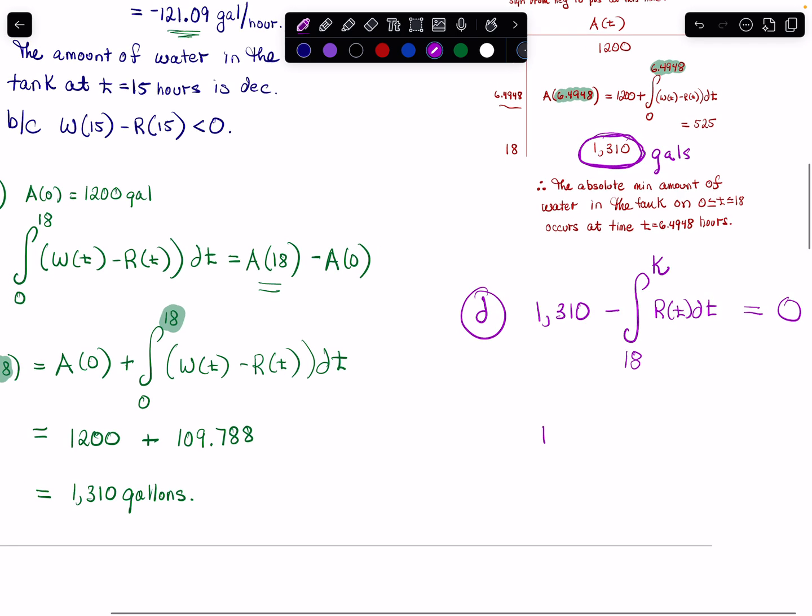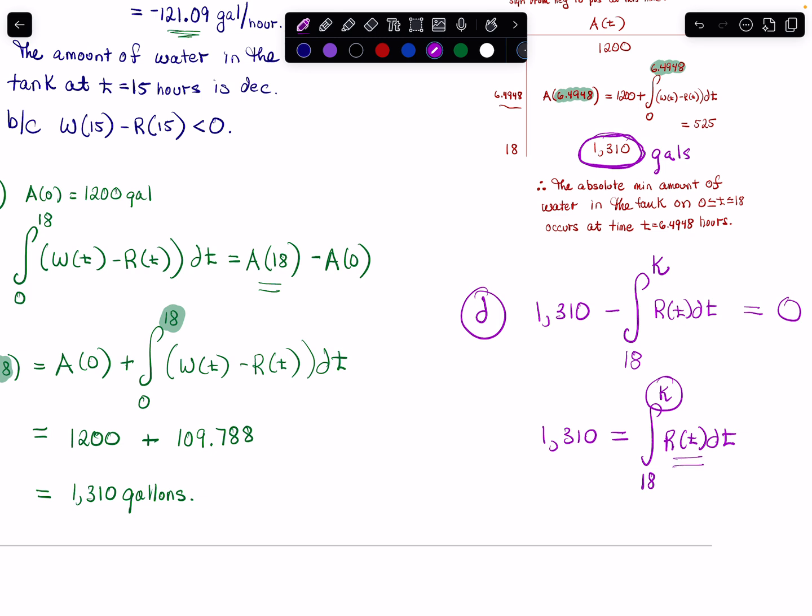So you have your 1,310 gallons. Remember, I'm adding the integral over. If I add it over, I'm saying it's equal to this integral. And the question really is, how long is it going to take for this function to accumulate enough water being pumped out so that it pumps out the remaining amount of water?